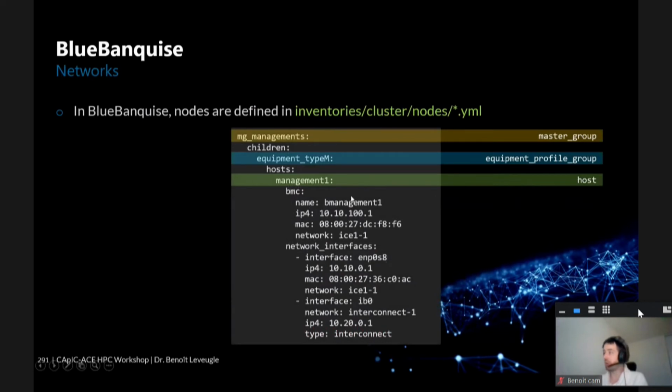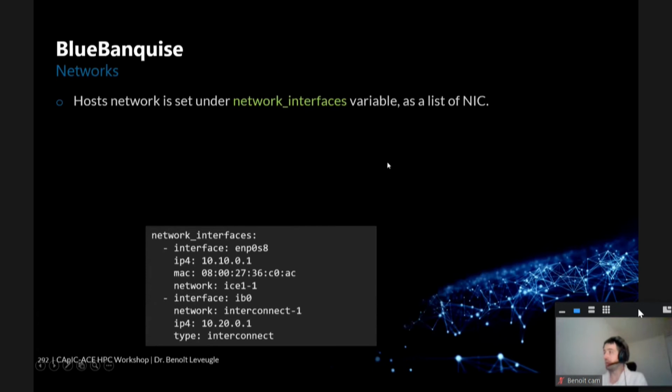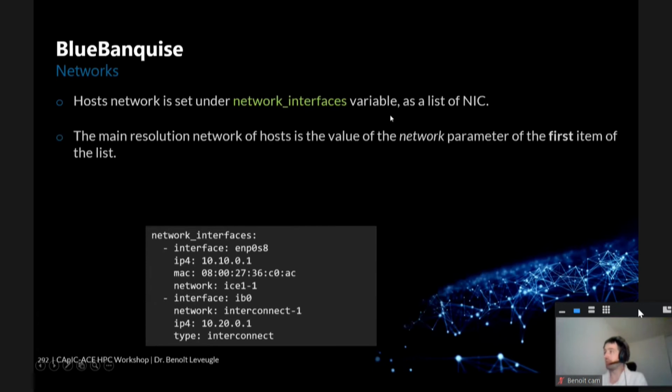For each host, you can see we define network. So basically, the network interfaces are listed just above, in the variable network_interfaces. It's a list. You can see it's a list, okay, because you have dashes. What is important to understand is that on a very sophisticated cluster, you often have a lot of network interfaces: for VLAN, one for the BMC, one for maybe a DMZ, for production, whatever.